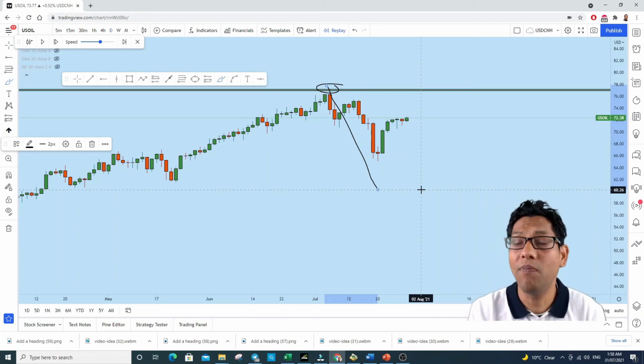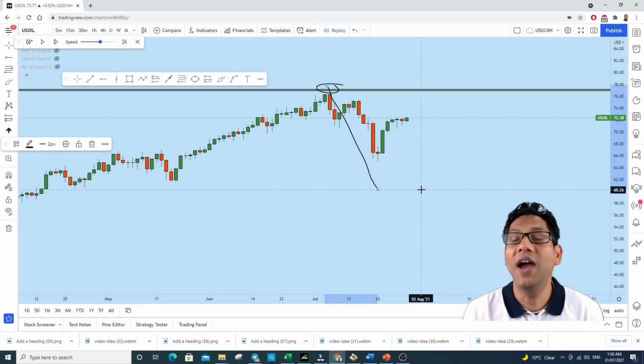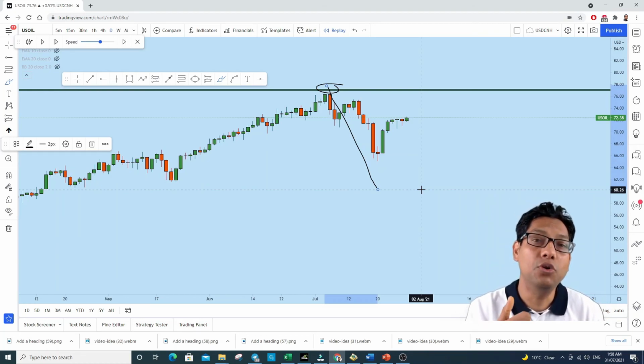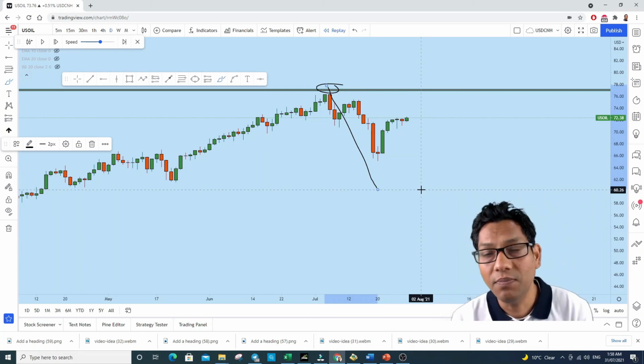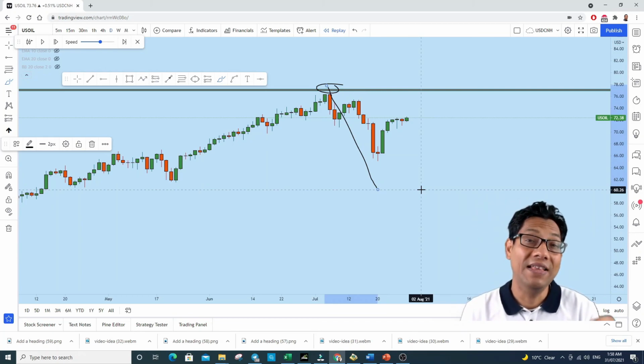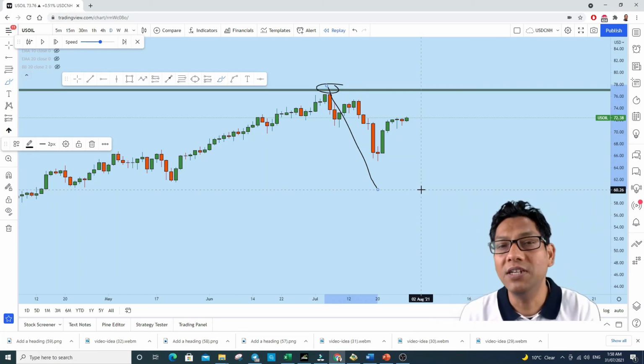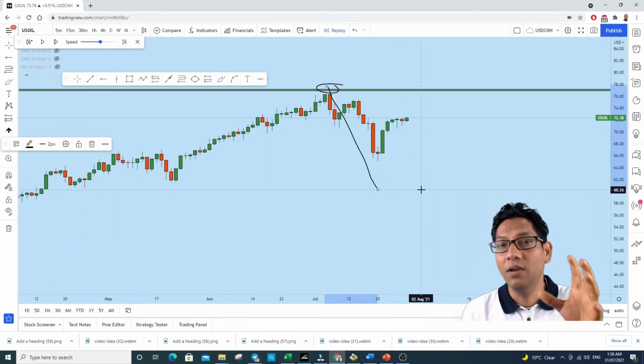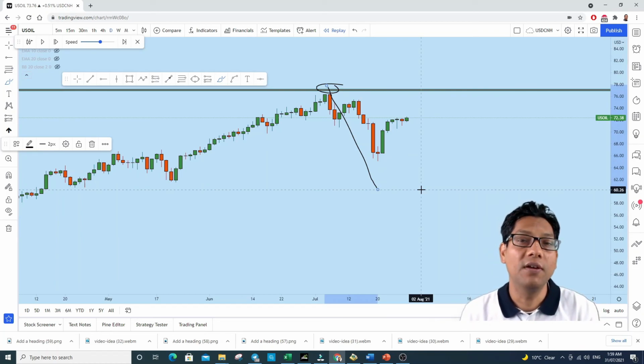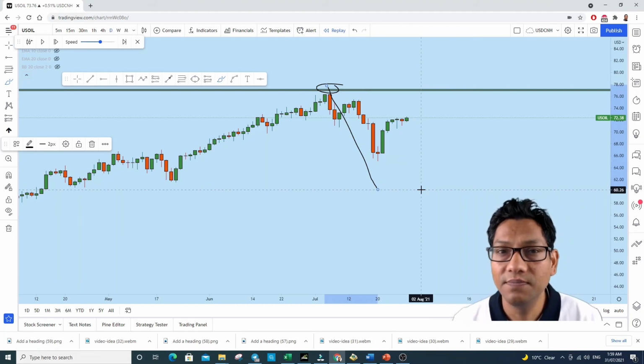Is it a retracement of the higher time frame or just a continuation of the higher time frame? When you see that the trend matches between the lower time frame and the higher time frame, you have a high probability trade and you can have a good profitable trade from this analysis.